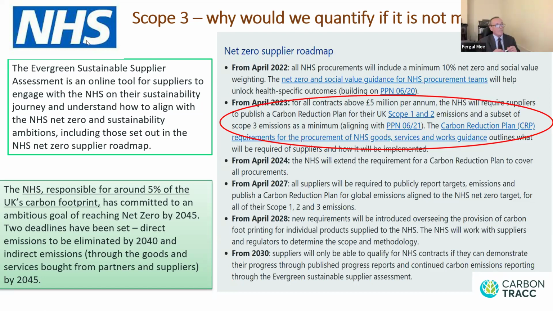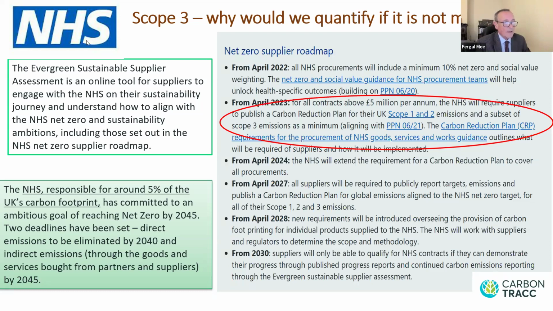The National Health Service in the United Kingdom is quite interesting, and we've done work. We work a lot with the NHS, in fact, on assessing suppliers who are bidding for contracts worth over £5 million sterling. So we develop carbon reduction plans for companies, and then we assist with the assessment of carbon reduction plans.